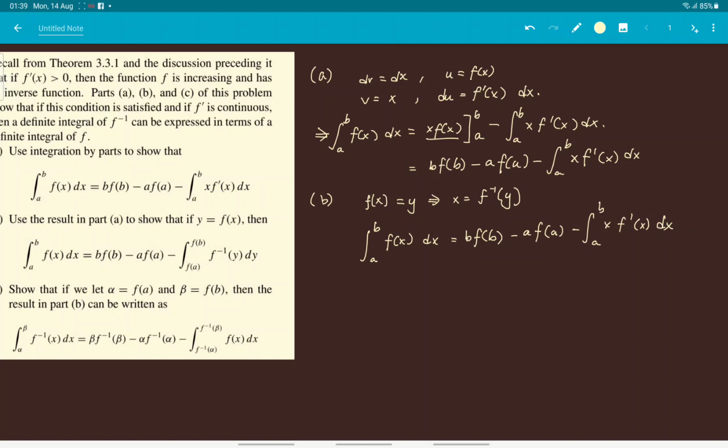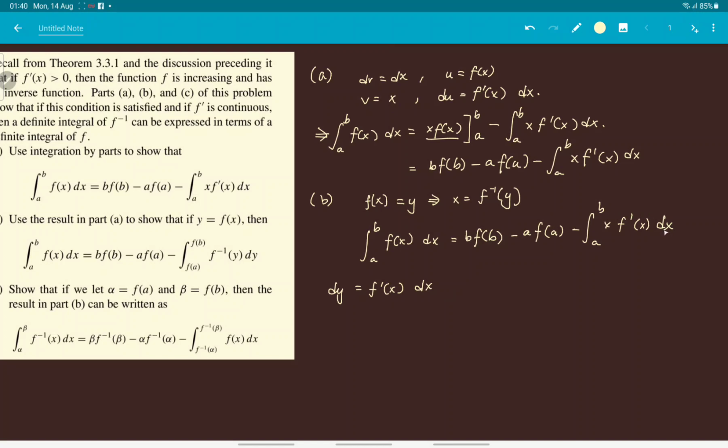You want to change this expression now. Okay, so now we are given f(x) equals y and dy equals f prime x dx.